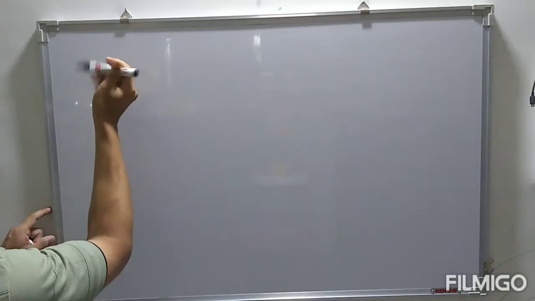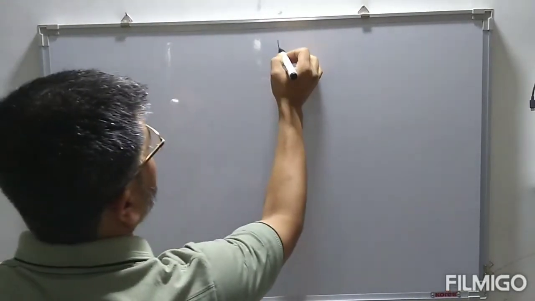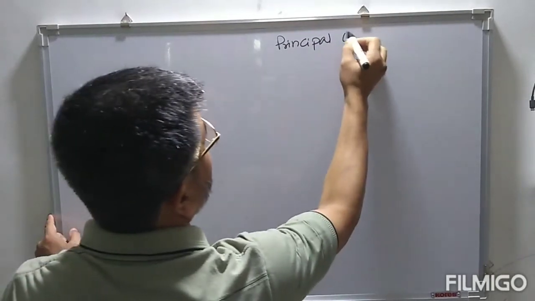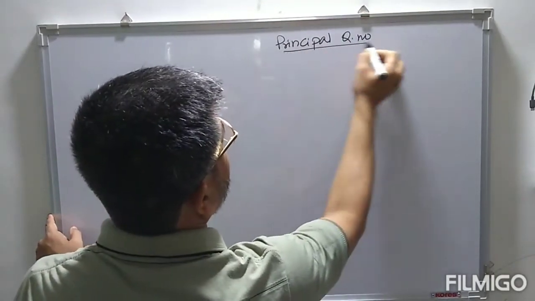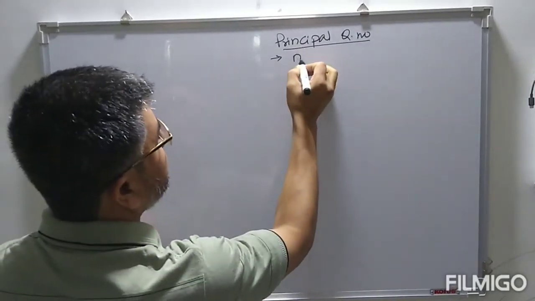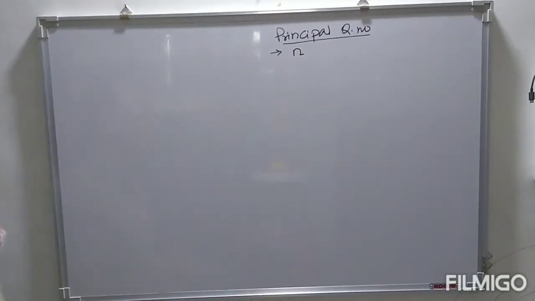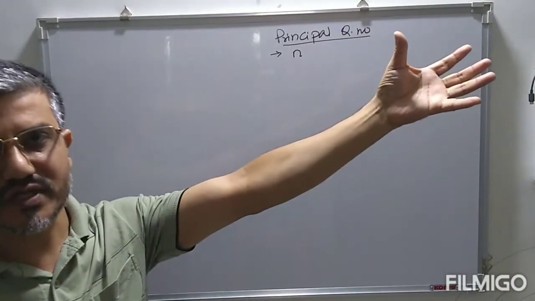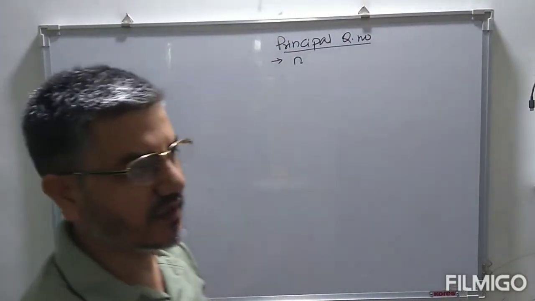First we'll take up principal quantum number. Now this principal quantum number is represented by symbol n. This was the same n that we used in Bohr's atomic theory.